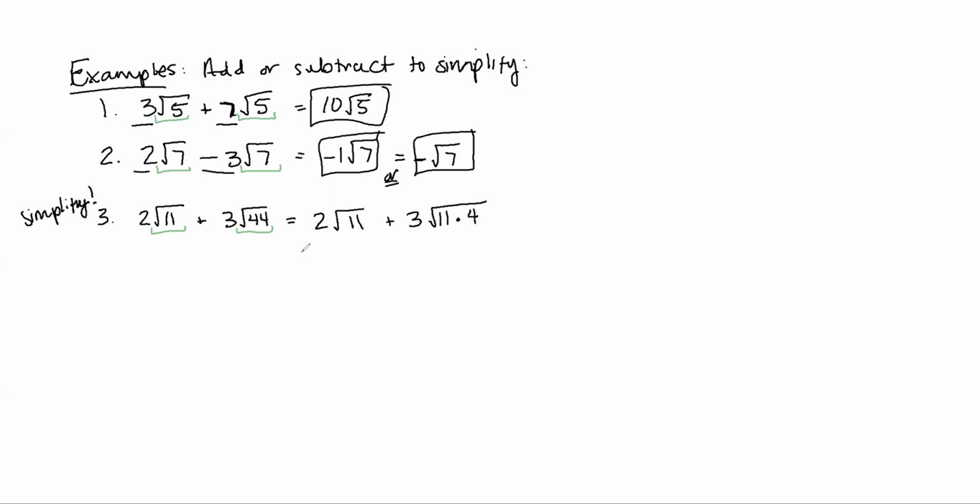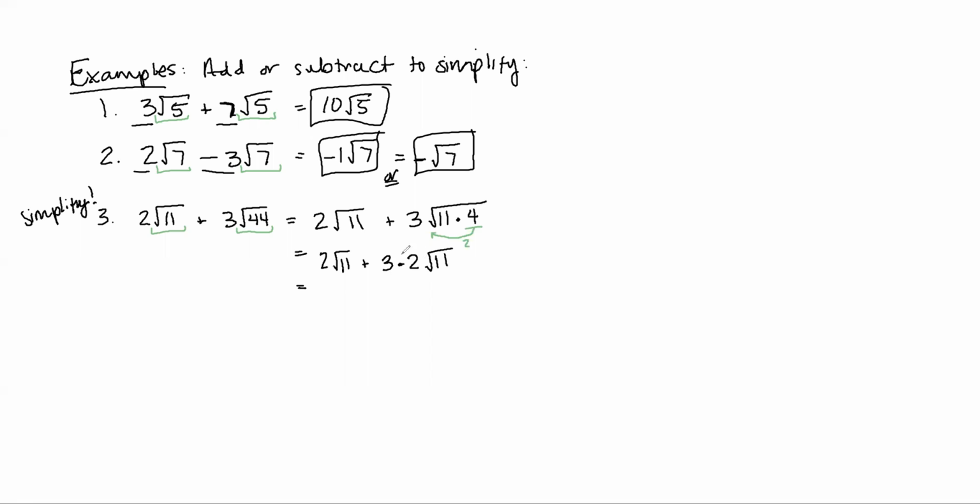And now if we go ahead and take that 4, or the square root of 4, out in front as a 2, so square root of 4 is 2, leave this one alone for now. And now remember, whenever you take something out, you're going to multiply it by what's in front. So we're going to have 3 times 2 in the front, and then just an 11 left on the inside.